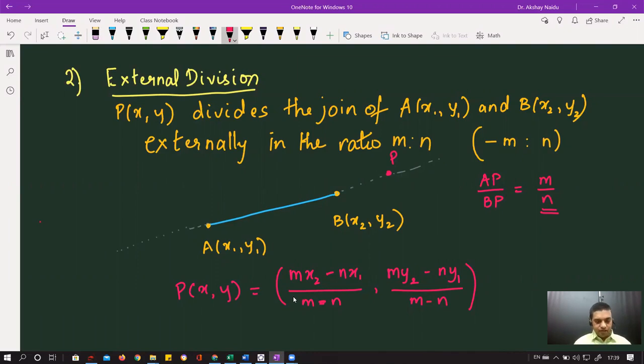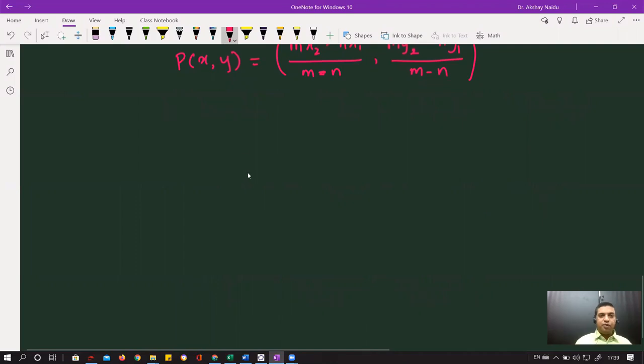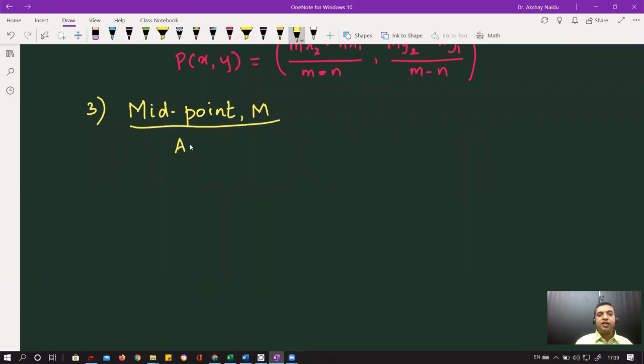Okay, now a few results. Very important result, very common result in coordinate geometry. Midpoint. Let's say the midpoint is M of the line joining A(x1, y1) and B(x2, y2).